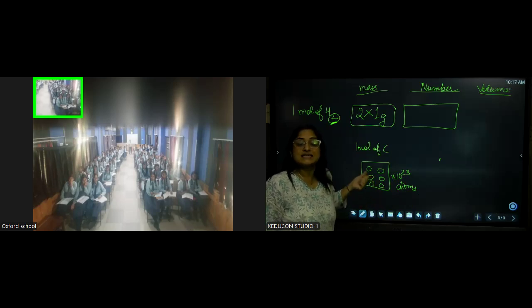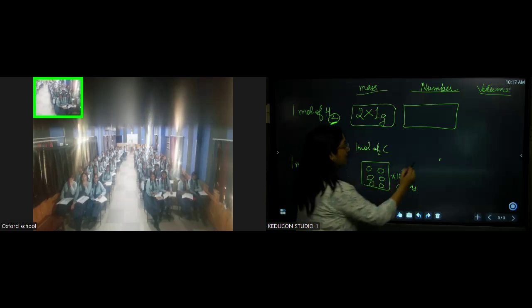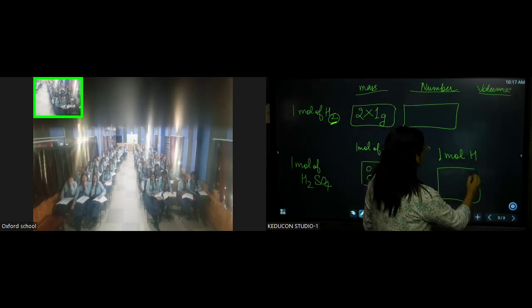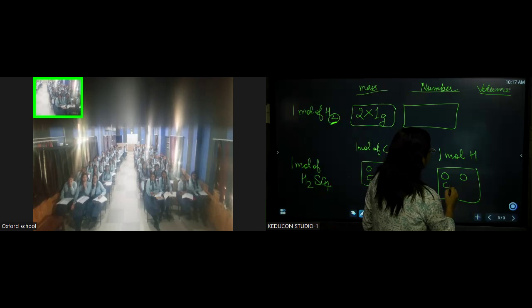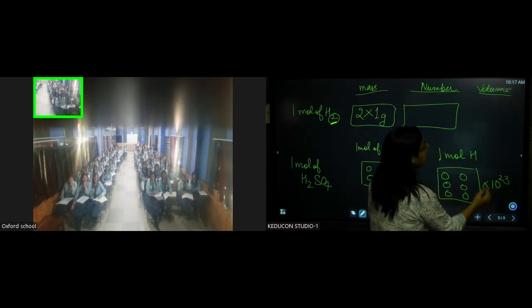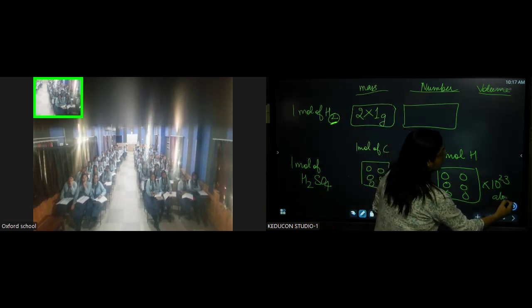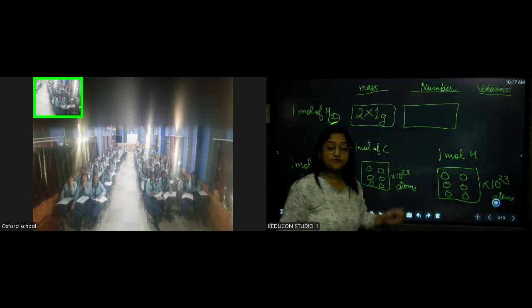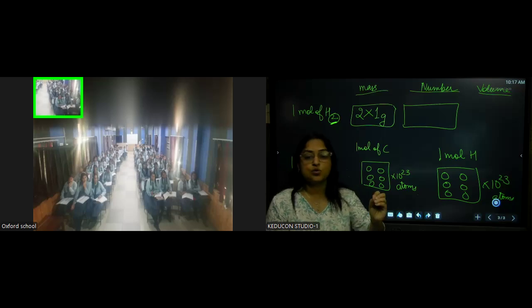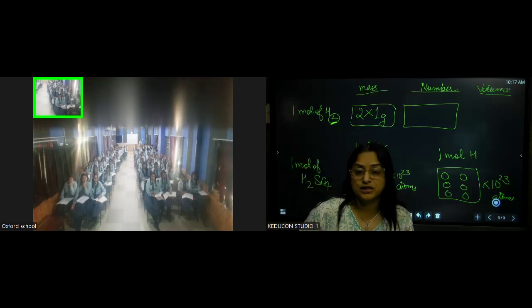And if I take 1 mole of hydrogen, it will be 6 × 10^23 hydrogen atoms, because we are talking about atoms.